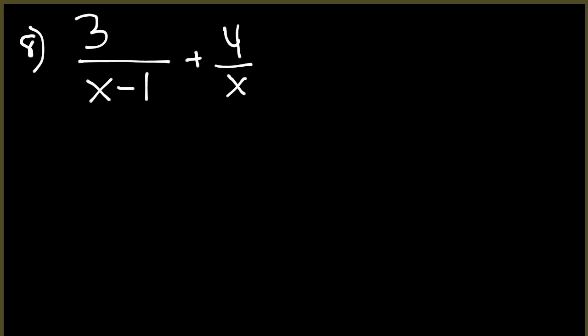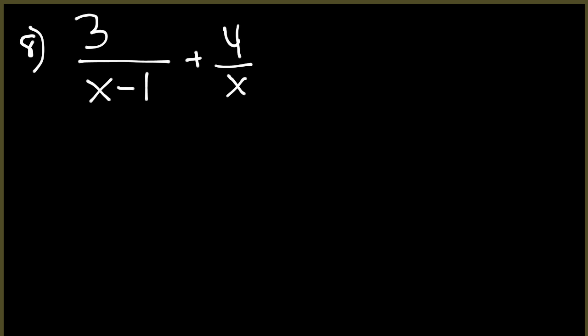We have 3. This is number 8. 3 over x minus 1 plus 4 over x. To simplify, remember, I'm going to have to multiply both sides. This side I'm going to have to multiply by, let me switch that color. Let's have it a little red, white, and blue.